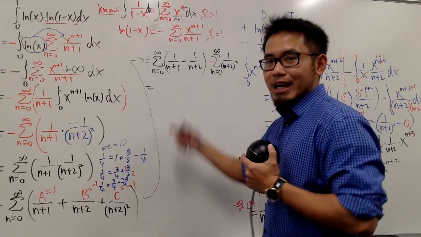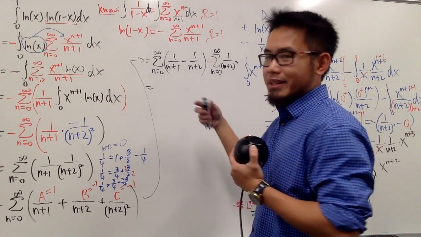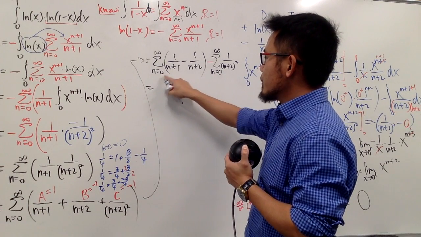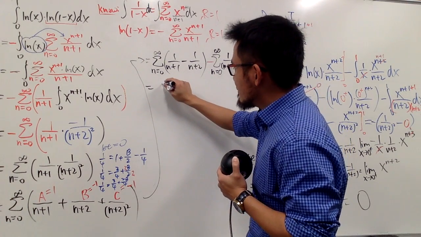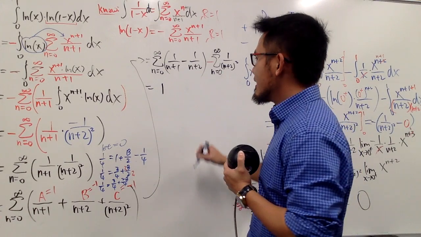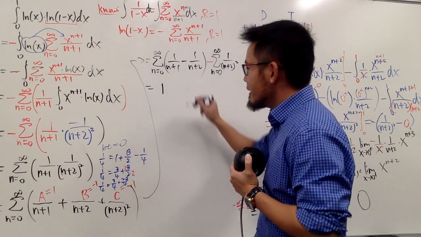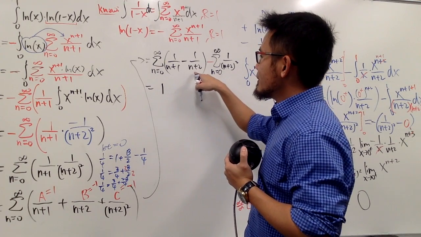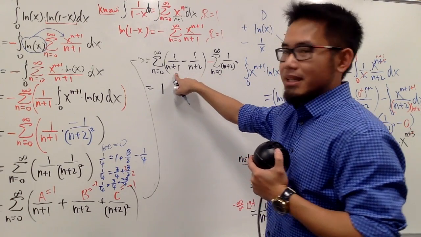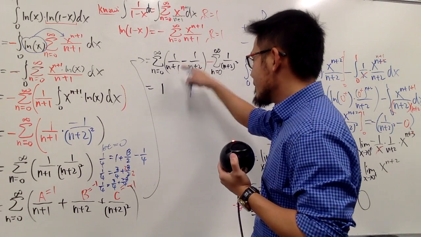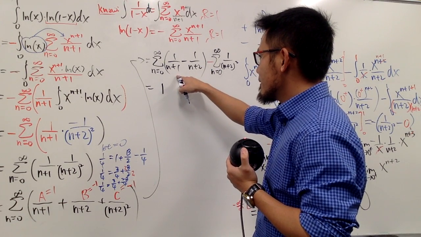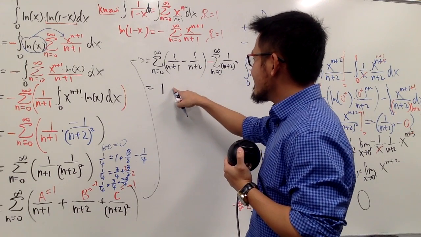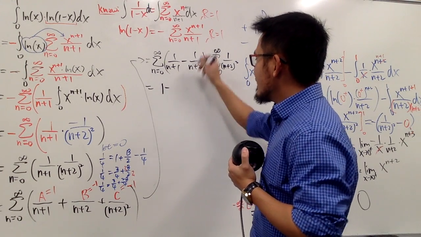And how do we do this? You can write down a few terms and then get the nth partial sum and things like that, right? When you plug in n equal to 0, the first term is 1 minus 1/2.